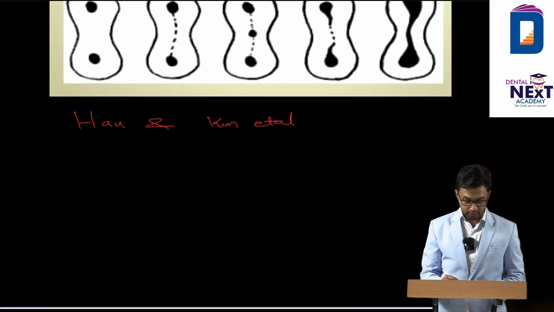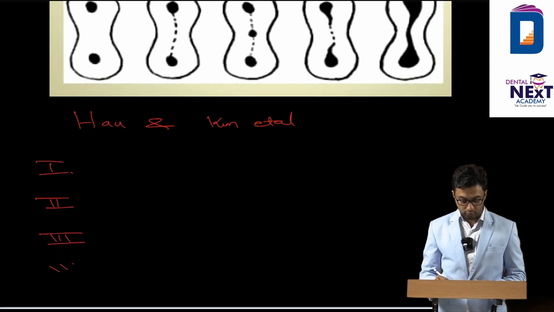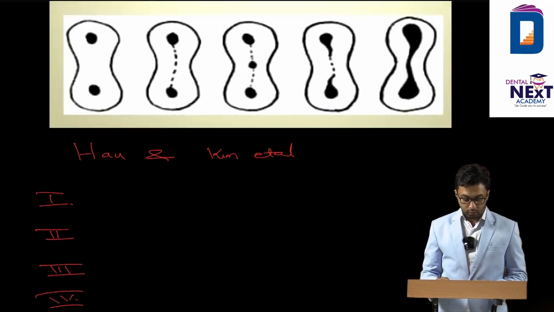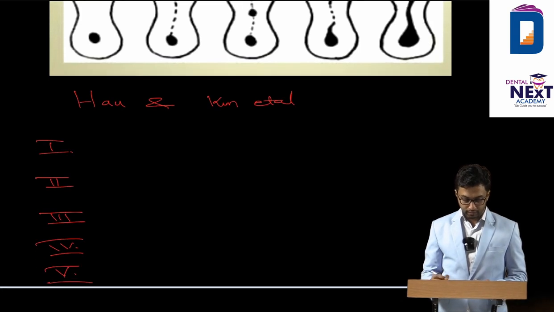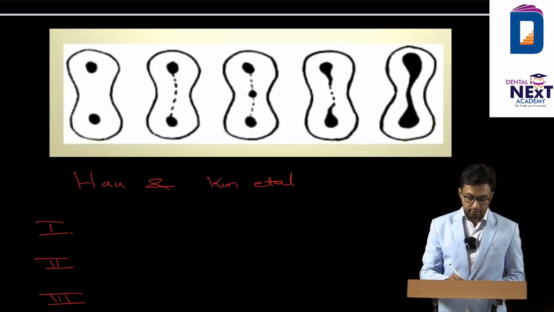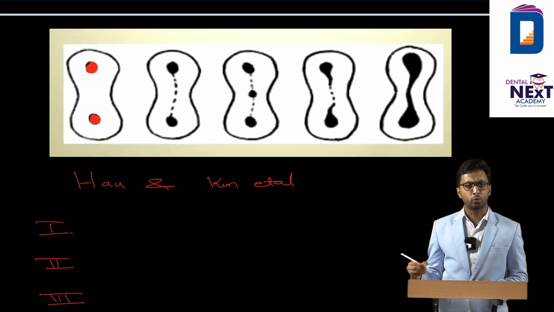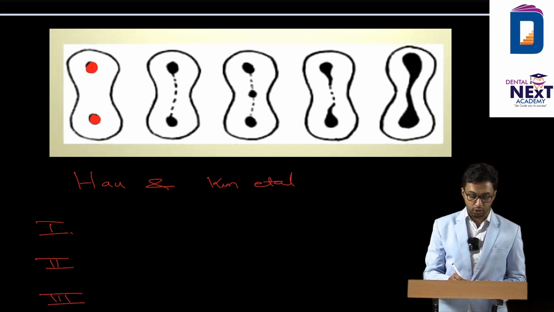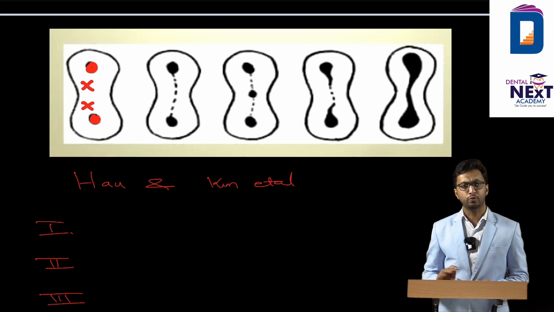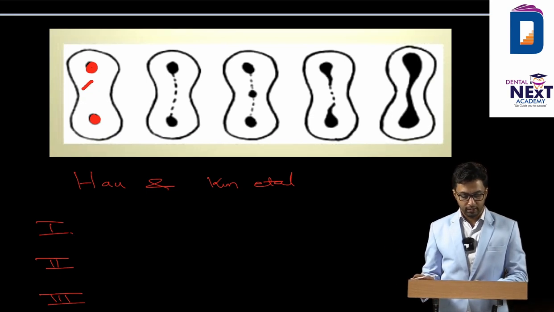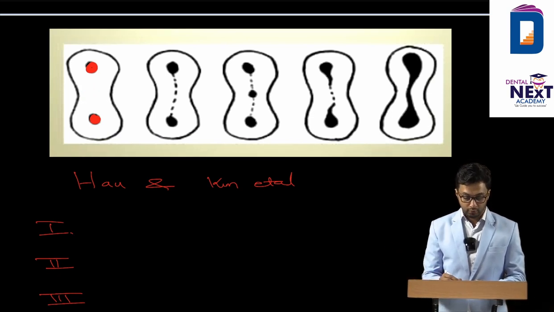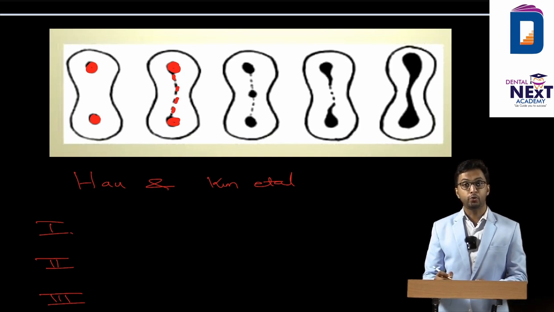There is type 1, like we studied the previous one, 1, 2, 3, 4 and 5. Type 1 is 2 or even 3 canals, but there is no communication between them at all. In type 2 there are 2 canals, and there seems to be a communication between them, which might not be a true communication.